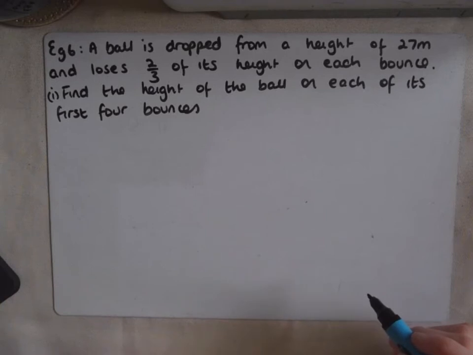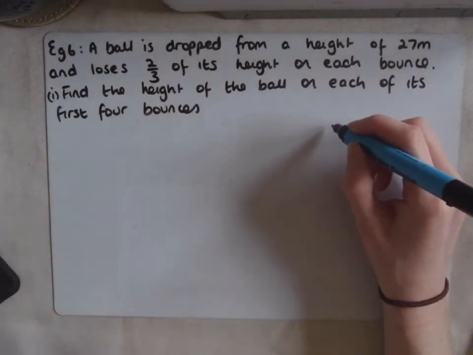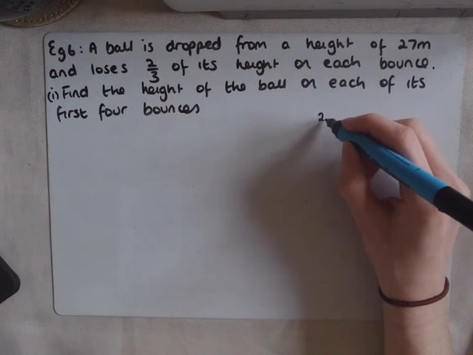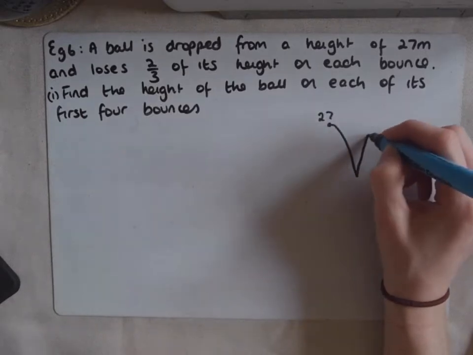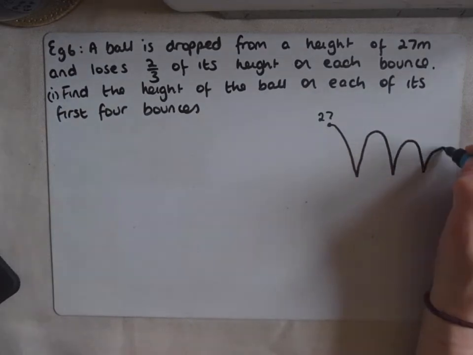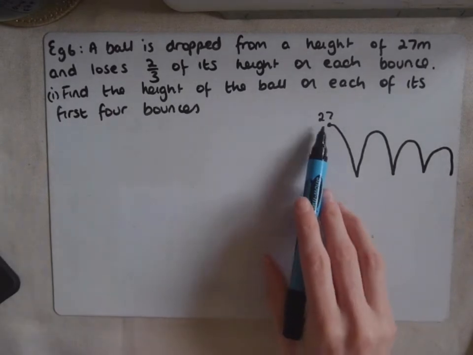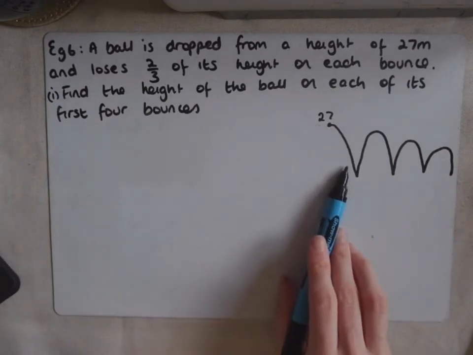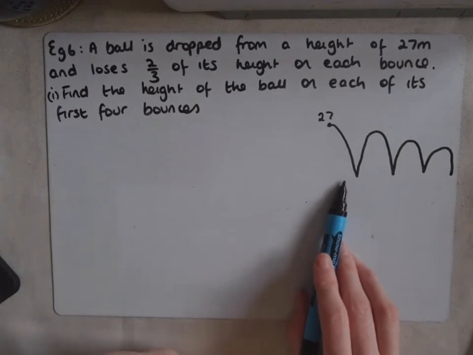Okay, a ball is dropped from a height of 27 meters and loses 2/3 of its height on each bounce. Find the height of the ball on each of its first 4 bounces. So if we just think about it like that, it's dropped 27 and it loses 2/3 of its height.